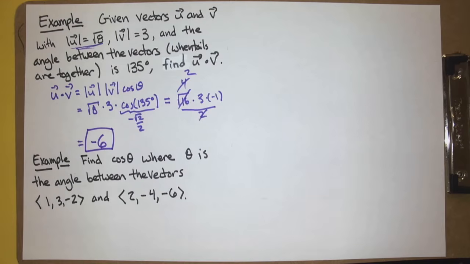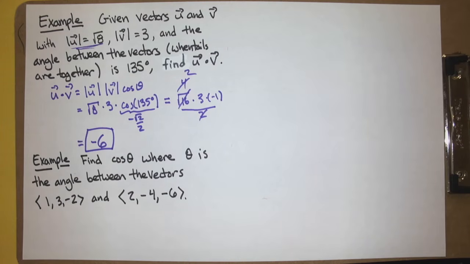All right. Next question. Find cosine theta. And by the way, if you see a problem that says cosine theta, you should think, this is a dot product question. That should be your train of thought. Find cosine theta, where theta is the angle between the vectors 1, 3, negative 2, and 2, negative 4, negative 6.